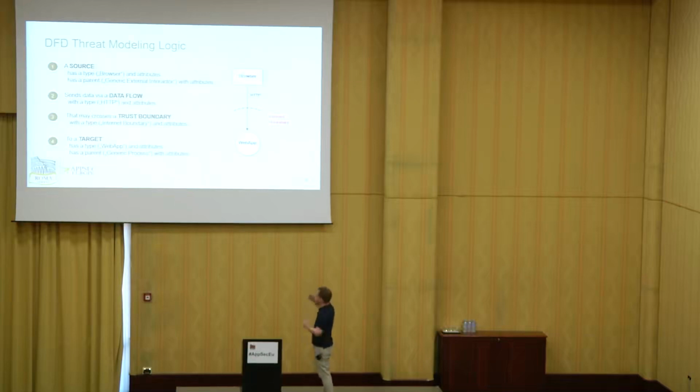A data flow can also have a couple of properties applied to it. It may cross a trust boundary with certain kinds of attributes, and then it ends up at a target. That could be a specific type, web application, or you can go to a parent, in that case a generic process, and map all kinds of threat logic to it.